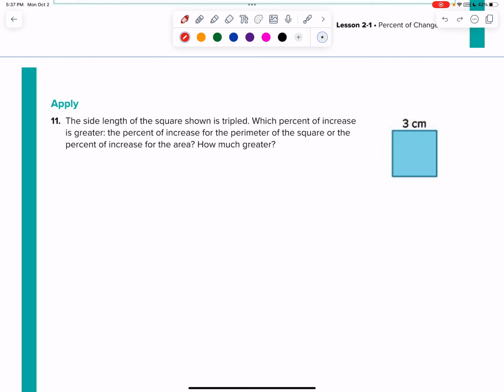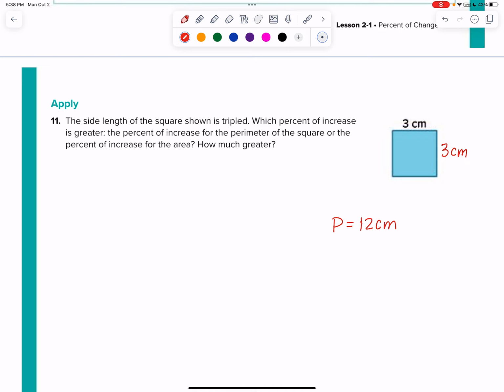So if I tripled this, first I'm just going to figure out my perimeter anyway. So 3 plus 3 plus 3 plus 3, I'm at 3, 6, 9, 12. So my original perimeter P equals 12 centimeters, okay?